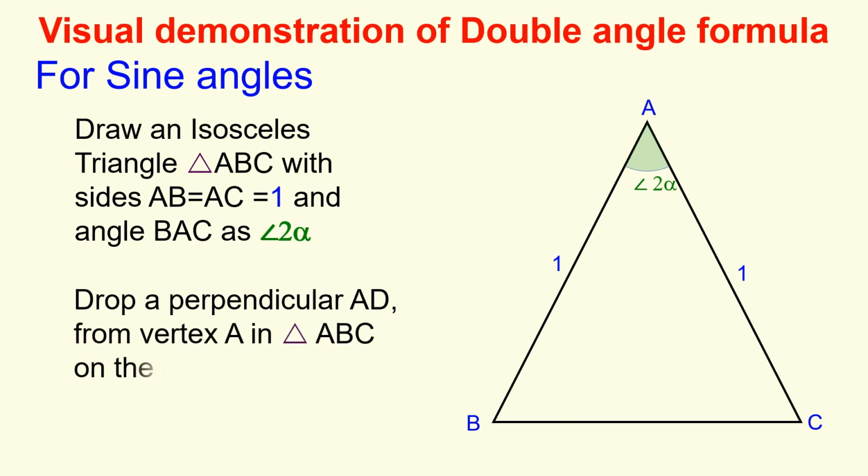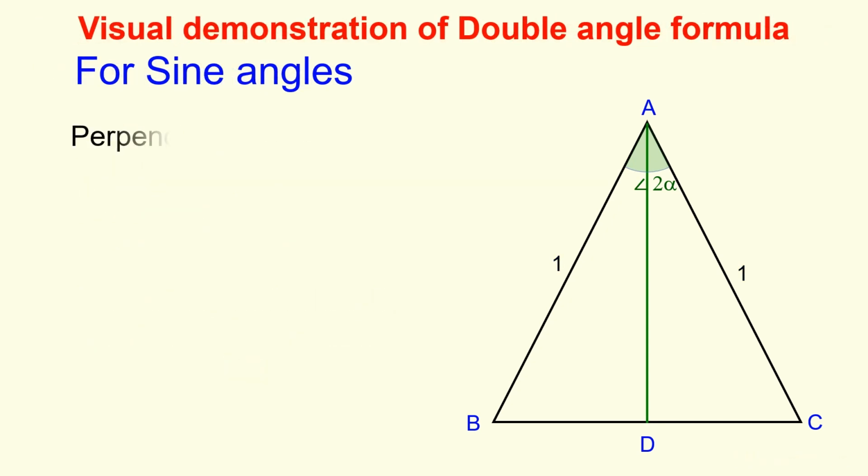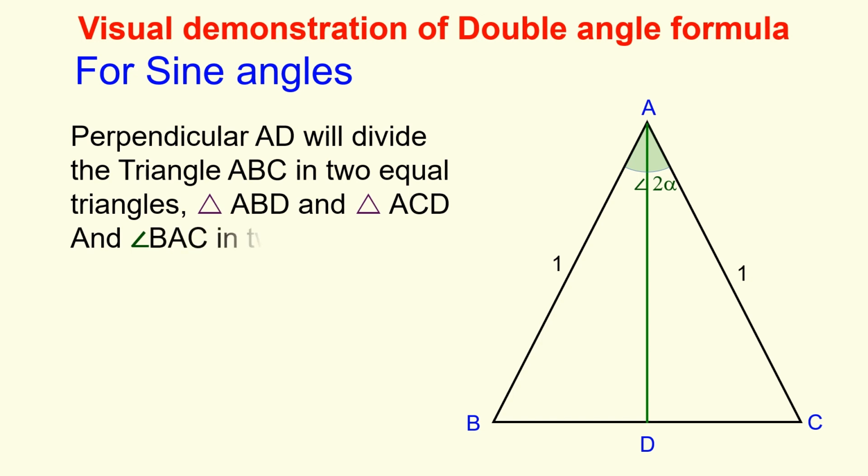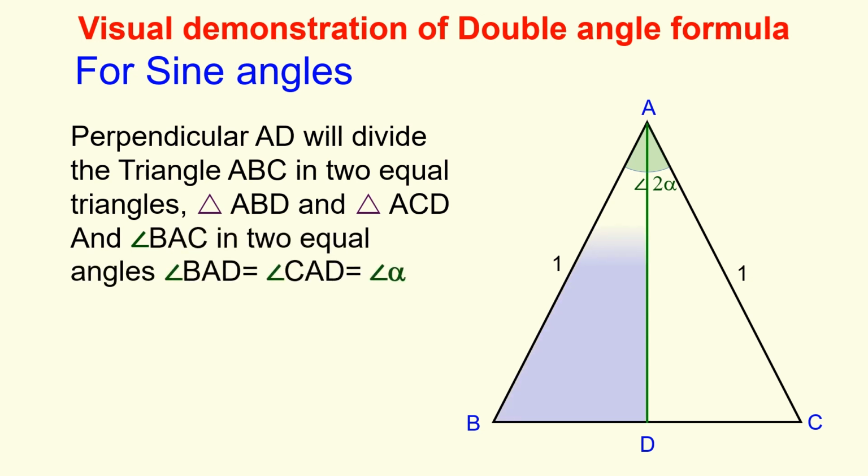Drop a perpendicular AD from vertex A in triangle ABC on the side BC. Perpendicular AD will divide triangle ABC into two equal triangles, triangle ABD and triangle ACD, and angle BAC into two equal angles, angle BAD equals angle CAD equals alpha.